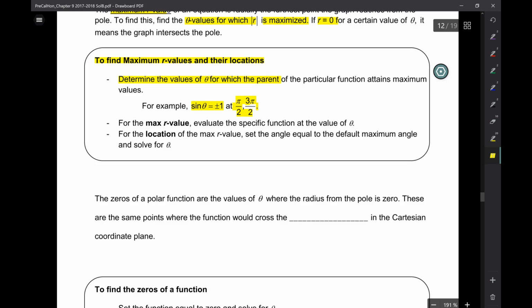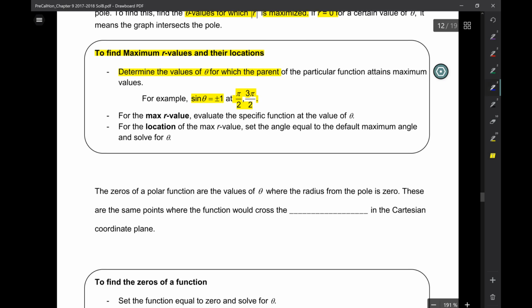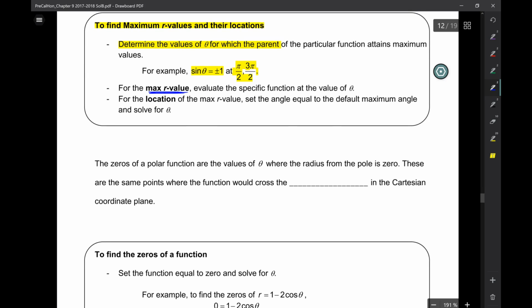Now, to find the maximum r value, evaluate the specific function at the value of theta. To find the location of the maximum r value, set the angle equal to the maximum angle and find theta.